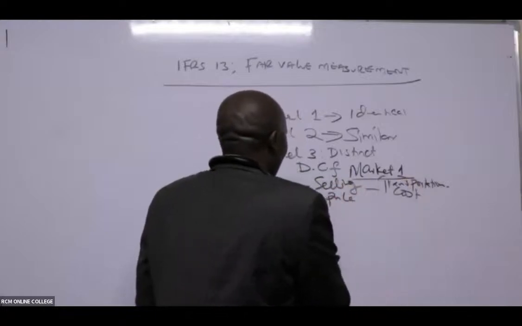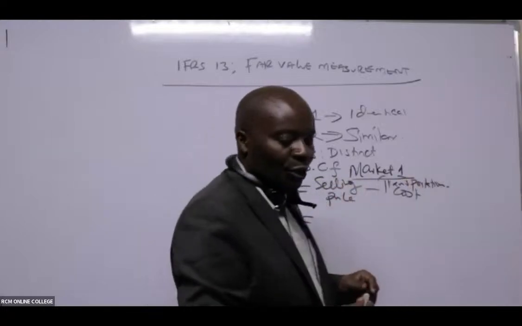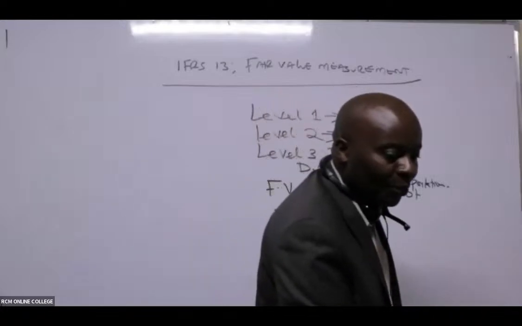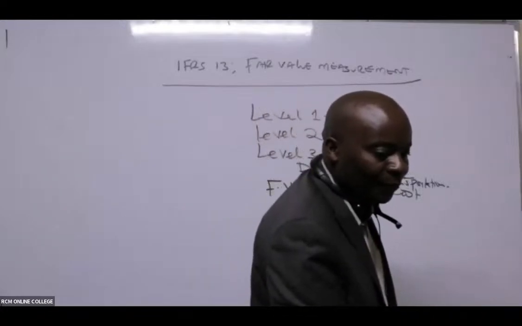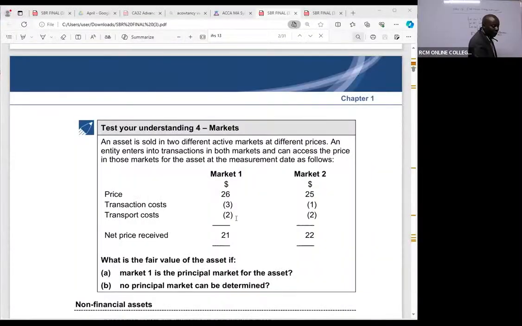So our fair value will be equal to the selling price, which has been given to us as 26. So I will take 26 minus 2, which is 24. This 24 is the price at which you shall carry your asset in your books of accounts.